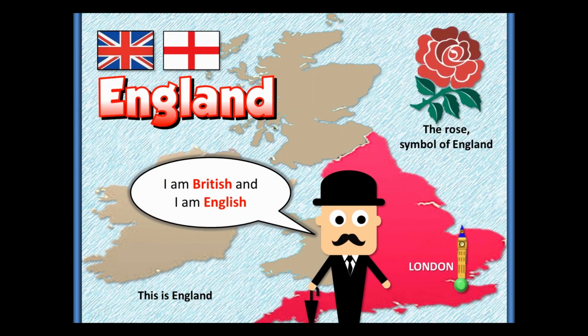So when we talk about England, we specify on the map in red that this is England and that people from England are English, but they are also British because they do reside on the British Isles, and that the rose is the symbol of England and the capital is London.